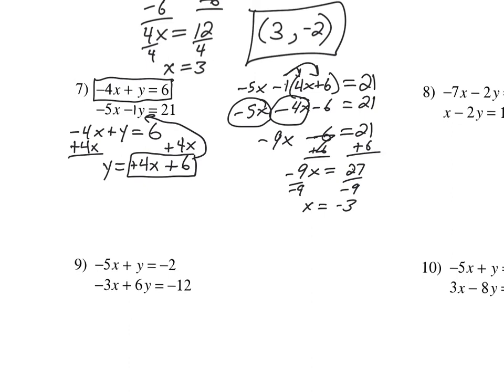So now I know what x is. I'm going to pick one of the two equations to substitute that back into. And I'm going to do that over here. So I pick the first equation, -4 times -3, because it says -4 times x, plus y equals 6. Negative times negative is positive 12. And remember, even though they're written in the opposite order, usually we have the variable term first.